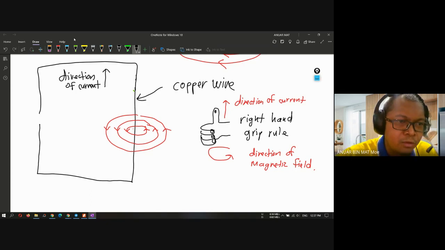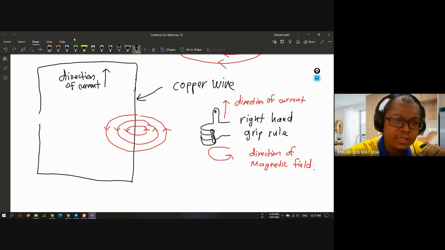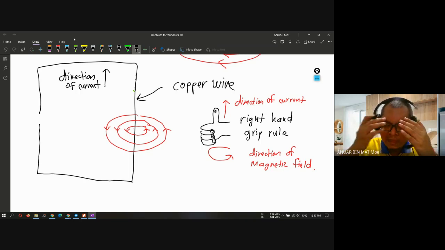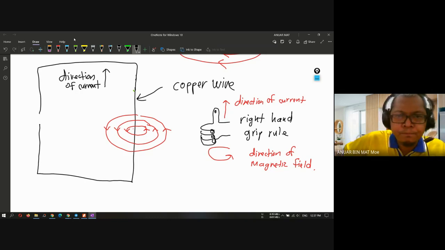Must be connected to a battery or any power supply. What is the direction of the current, class? From negative to positive or from positive to negative? Please, somebody help me. Negative to positive. Okay, good.